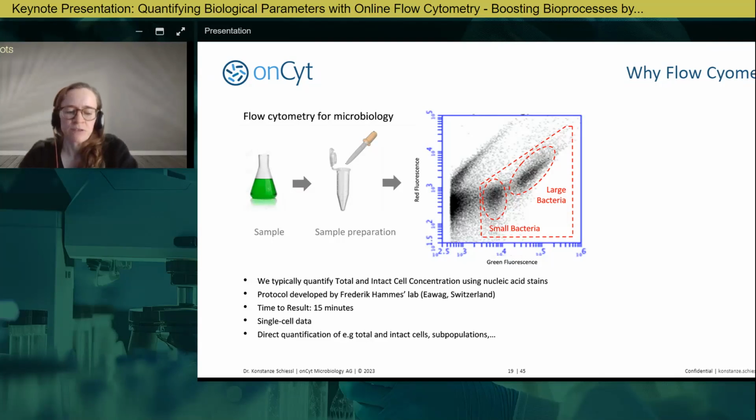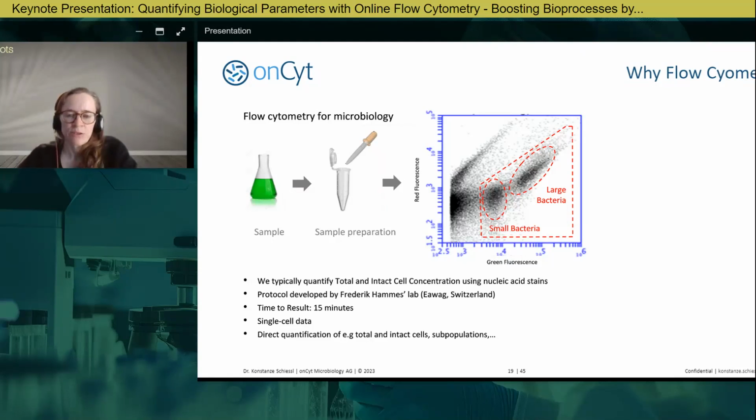And using a flow cytometer for microbes is not that straightforward. Mostly it was used for mammalian cells and for diagnostics. So the idea to use this method also on really small microorganisms has been in the last 15 years, I would say. And this comes from Frederik Hammes' lab, which is from the Water Research Institute in Switzerland, and he really pioneered this work. So he figured out ways to stain the cells for total and viability. It just takes 15 minutes, and yeah, you get a really high resolution.